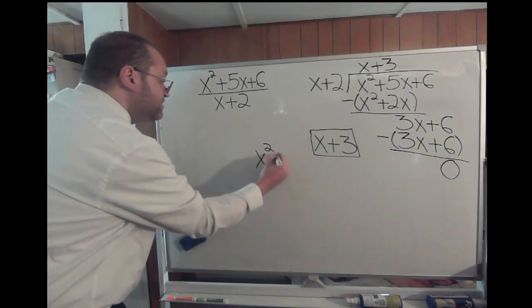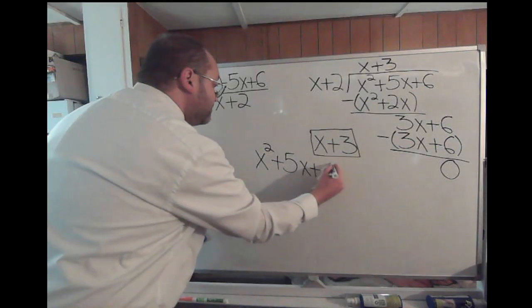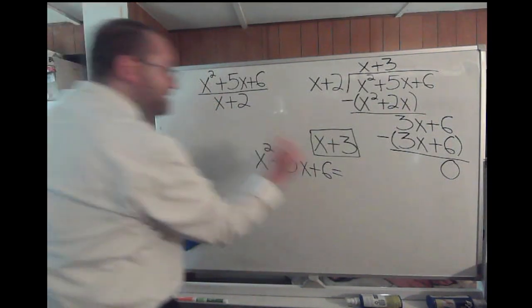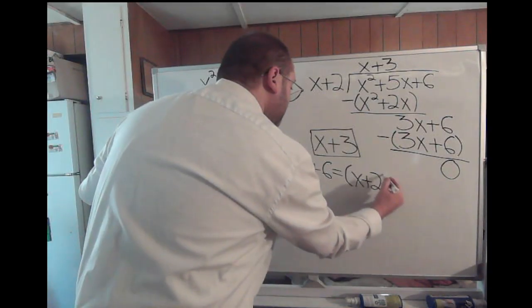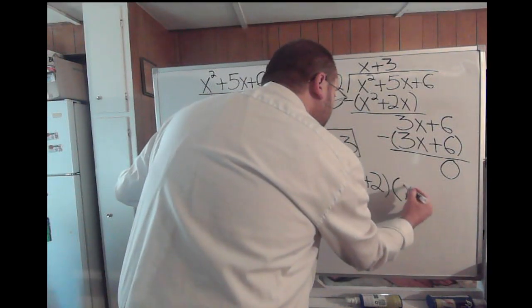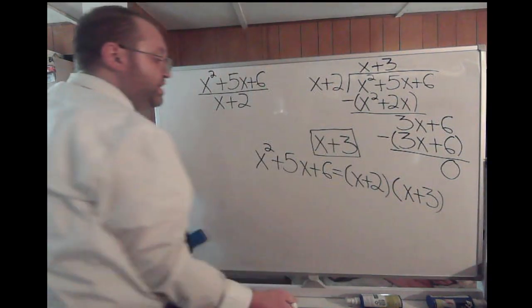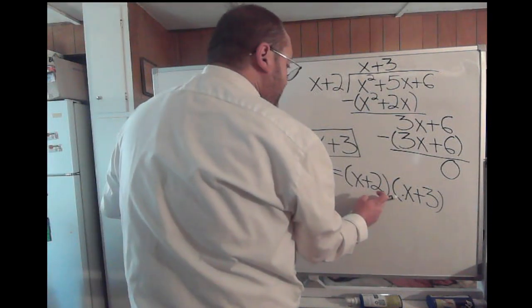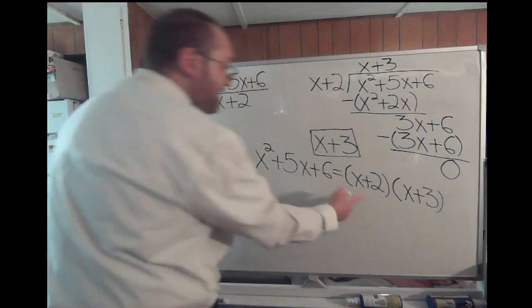Well, x squared plus 5x plus 6, as it turns out, definitely has x plus 2 as a factor, which would be your divisor, but your quotient, x plus 3, since it has no remainder, is also a perfect factor. So you would take your divisor times the quotient, and you get x plus 2, that quantity, times x plus 3. Those would be your two factors.